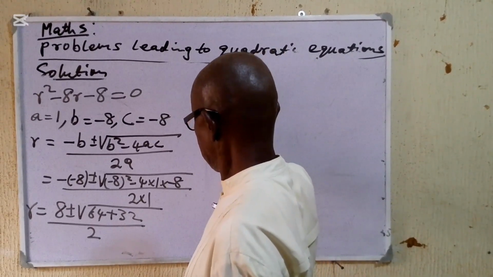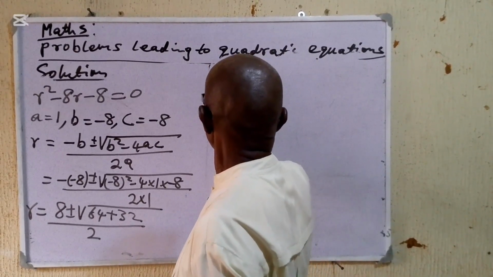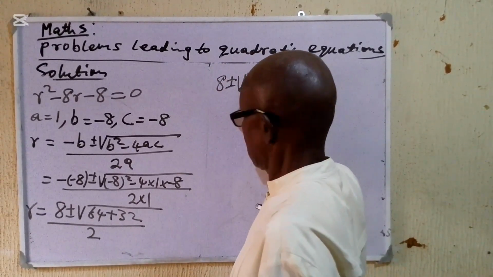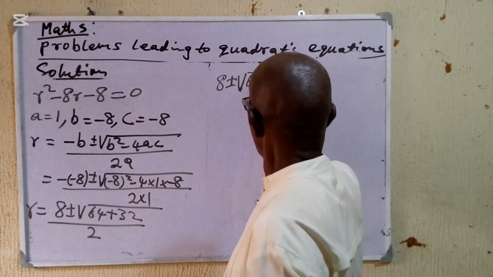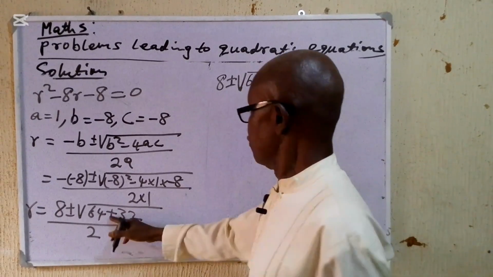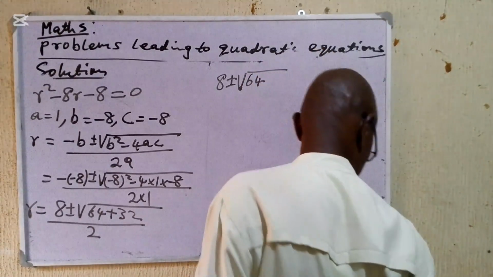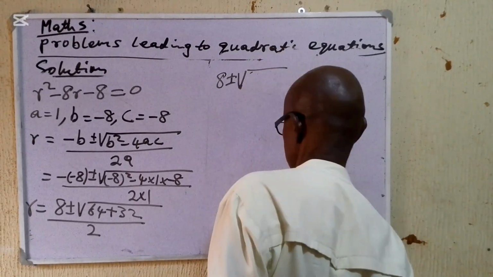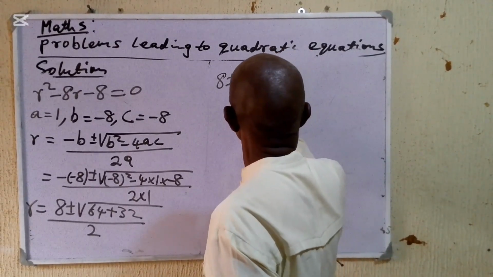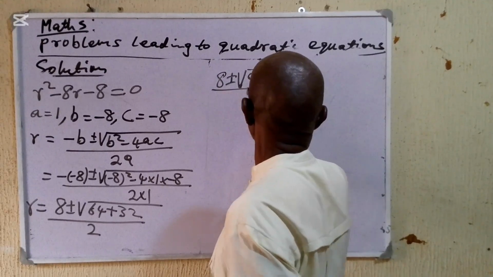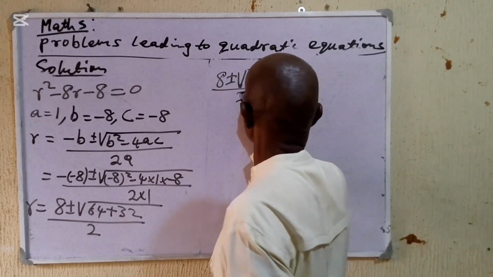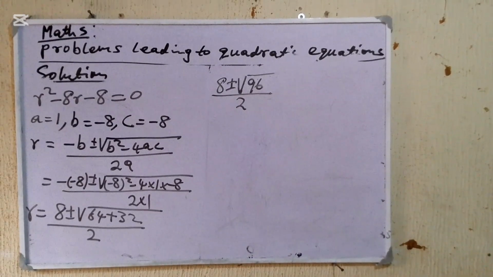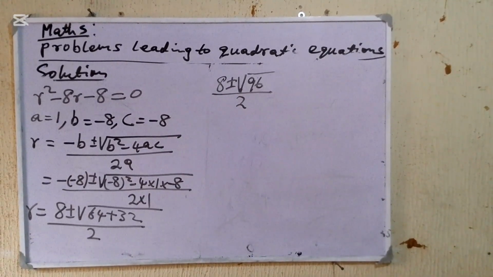That will give us 8 plus or minus square root of 64 plus 32, that should give us 96, all over 2, because we are looking for the values of r.